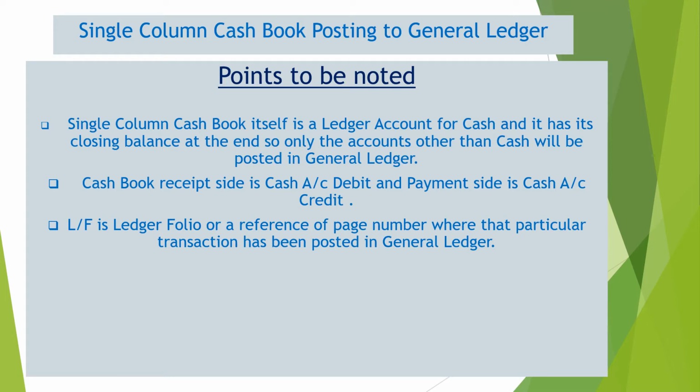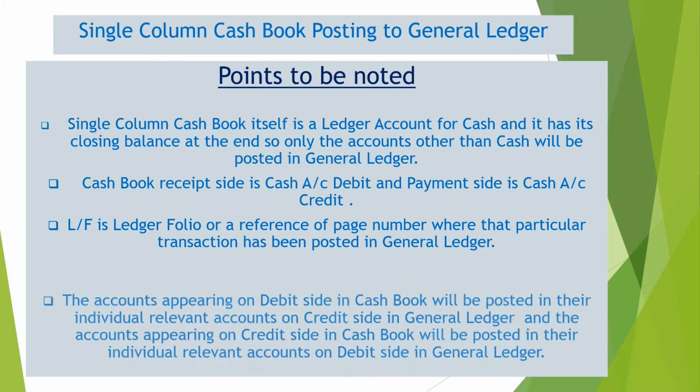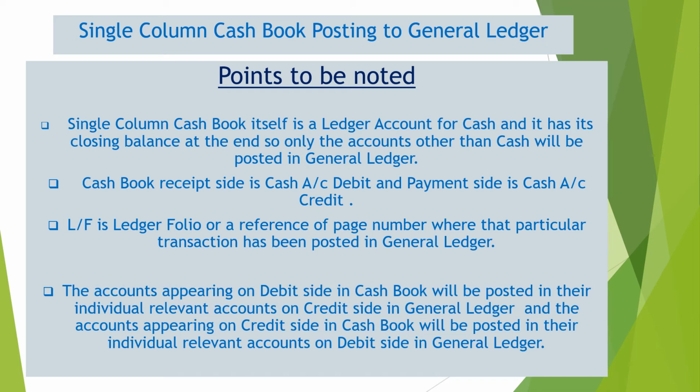LF is ledger folio or a reference of page number where that transaction has been posted in general ledger. The accounts appearing on debit side in cash book will be posted in their individual relevant accounts on credit side in general ledger. And the accounts appearing on credit side in cash book will be posted in their individual relevant accounts on debit side in general ledger.